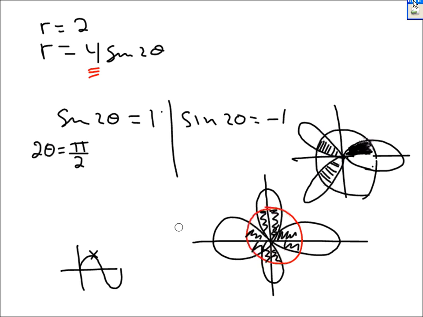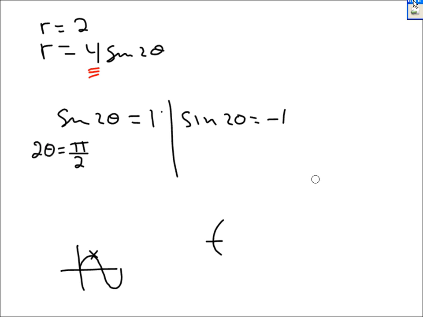So, we need to understand our graph a little bit better. We need to know how many petals we're going to have. If you do enough of these, you realize that it's going to be twice the number in front of theta.